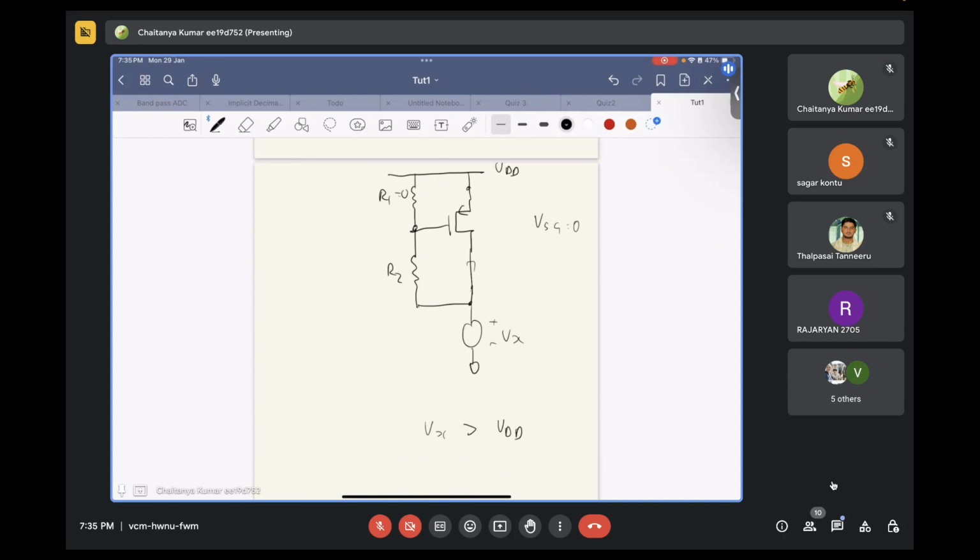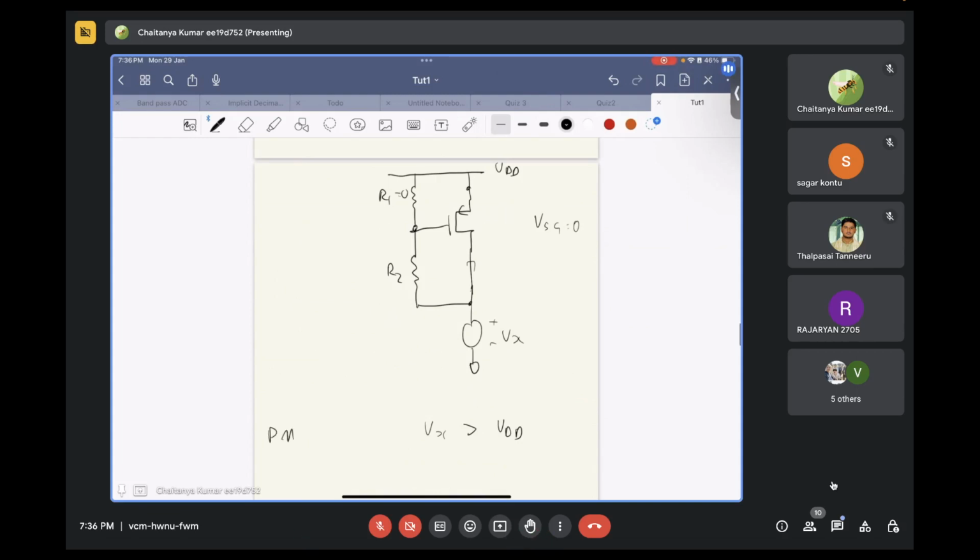In practice also, when you design circuits, you can switch the roles of source and drain. Source and drain is not a physical thing. It only depends on which voltage is higher and which voltage is lower.